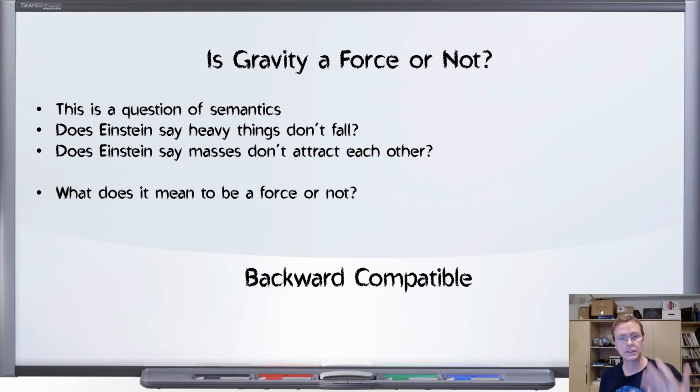What do we mean when we say that? In this case, what we're talking about is that in four-dimensional space-time, we can interpret gravity as an inertial force or a pseudo-force. Now, let me ask you this. Is an inertial force a force or is it not a force? Again, it's a question of semantics.